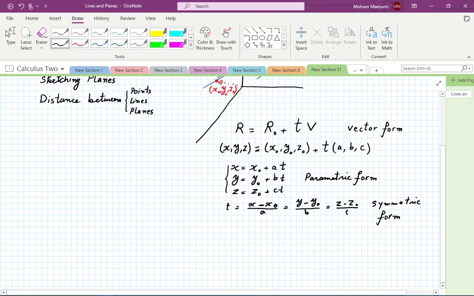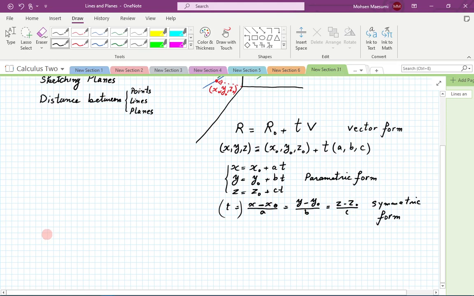So this portion that has a t in it, sometimes it's not written out, but the common value of all these three is that. So we notice that this is a very simple clean-cut description of what the line is going to be.